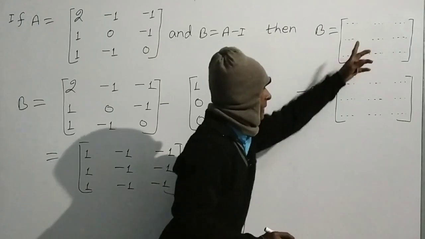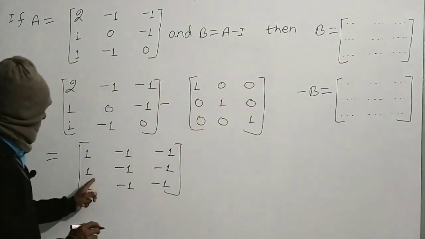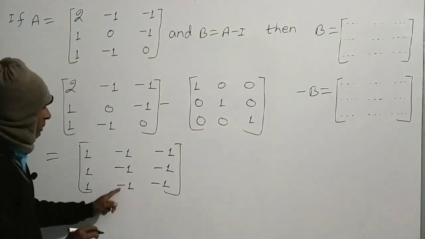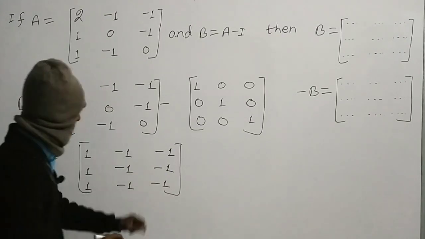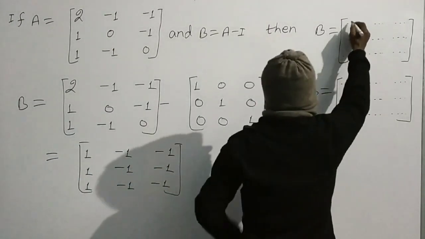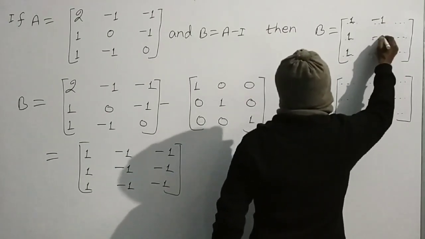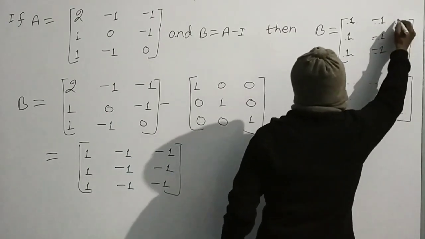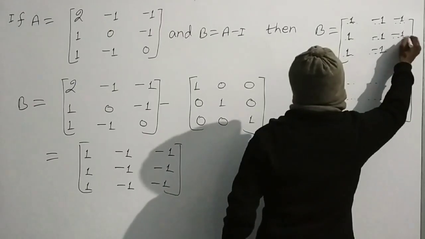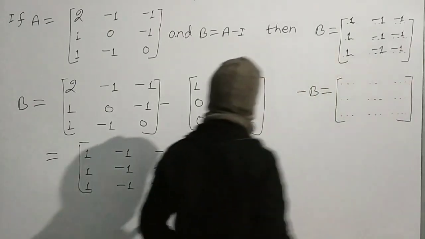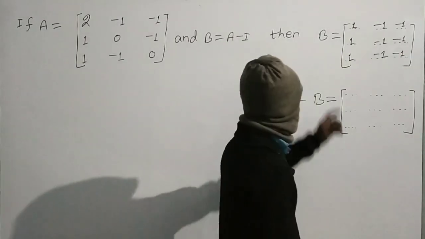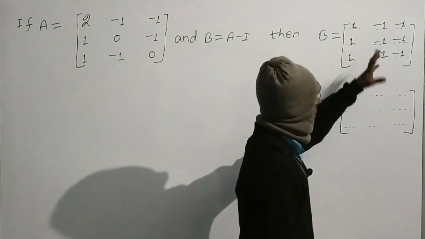we find matrix B: 1, 1, 1, minus 1, minus 1, minus 1, minus 1, minus 1, minus 1. B is equal to this matrix.